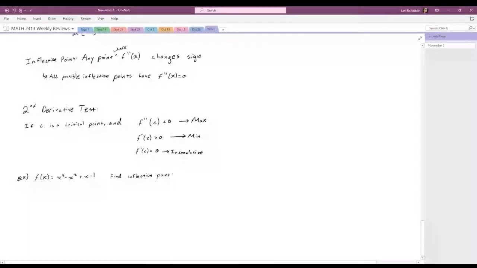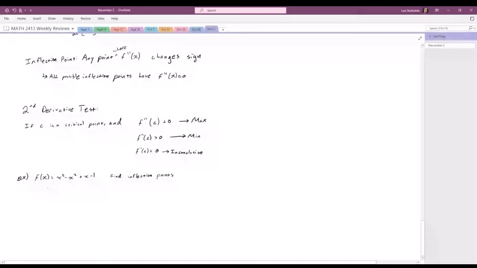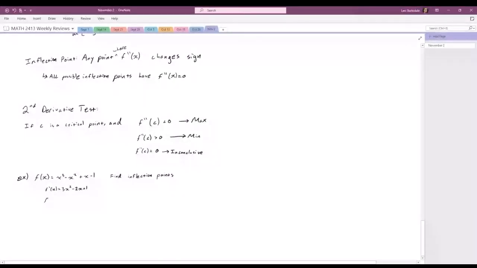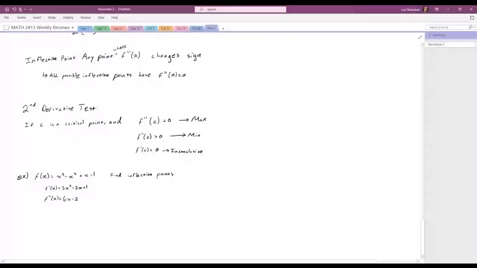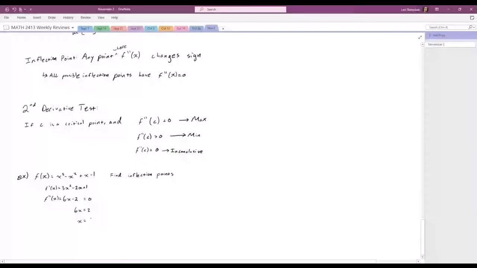Well, our inflection points all occur where the second derivative is equal to 0. So to find that, we'll need to find our first derivative, and then take the derivative of that, and then set it equal to 0. So then I get that x is equal to 1/3 as a possible inflection point.